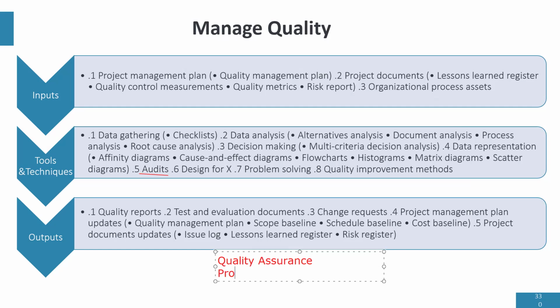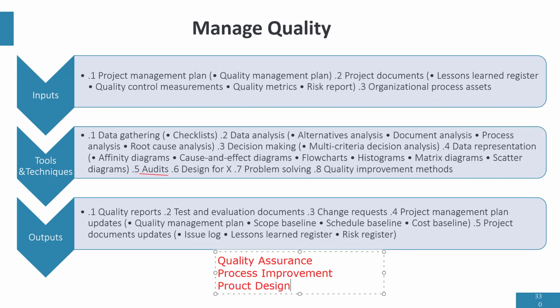Another thing is process improvement, and managed quality also includes product design. So quality assurance validates the processes. This process also makes room for process improvement, and we also look at product design.